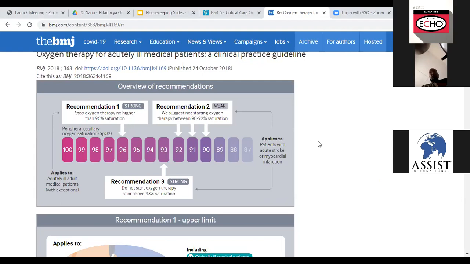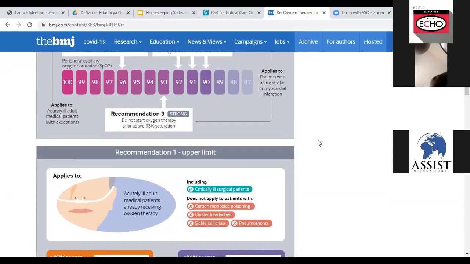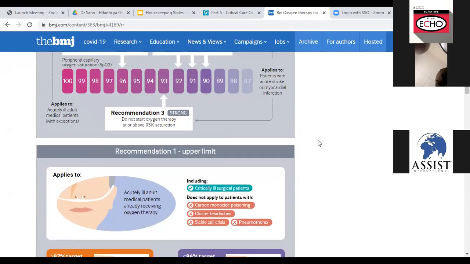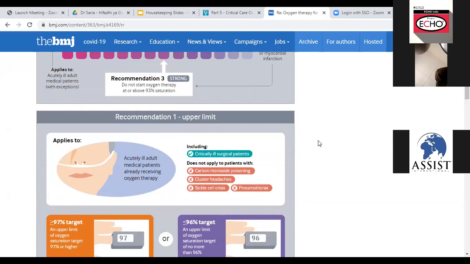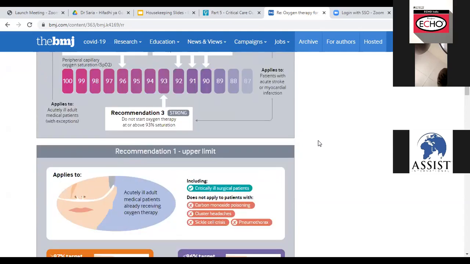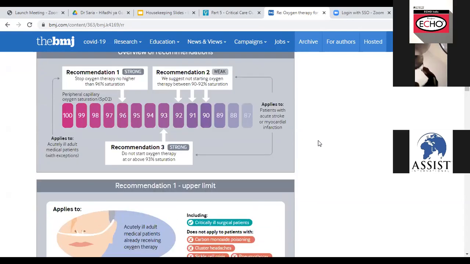Okay, so there are patients about their oxygen requirement who should not go with this recommendation. For those patients with chronic respiratory failure, again, we have been discussing this several times, we should consider oxygen when the saturation is less than 88%.